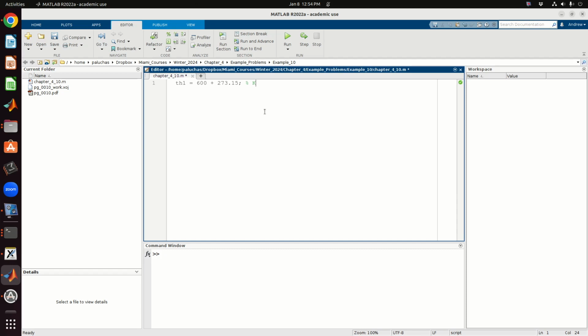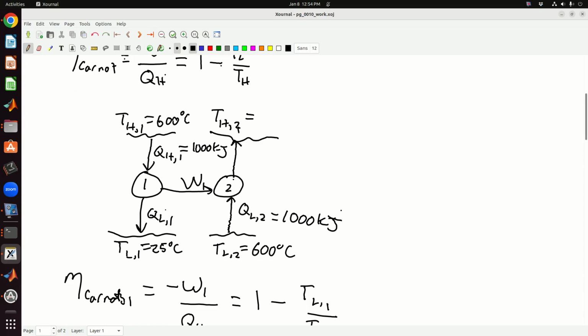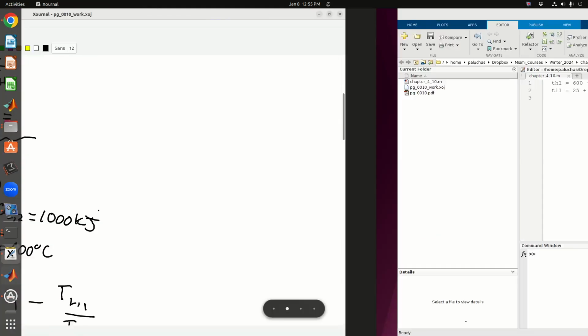I need to make sure that I'm using absolute temperature units, so either Kelvin or Rankine. So TH1 was 600, TL1 was 25, but again, adding to it 273.15 to get that in Kelvin.